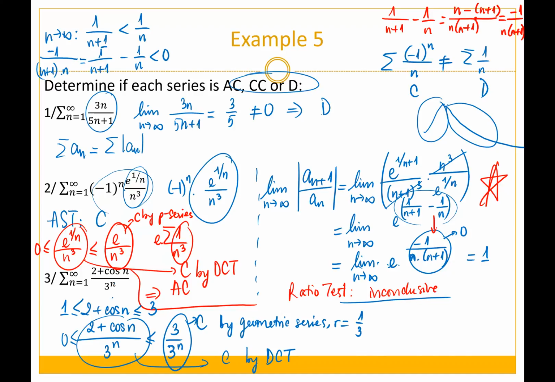This series is always positive, right? So the series 2 plus cosine of n over 3 to the n is equal to its absolute value because it's a positive thing. So when you have a positive series, it's always equal to itself. Therefore, it is the absolute value. It's also convergent, right? Because it's just equal to itself. Therefore, the conclusion is that it's absolutely convergent.